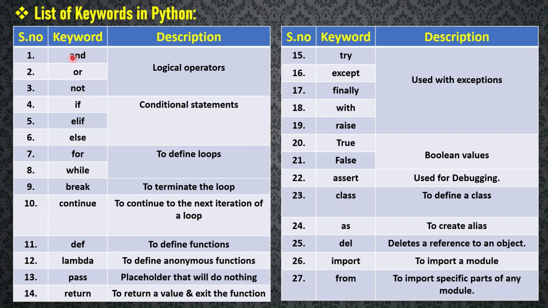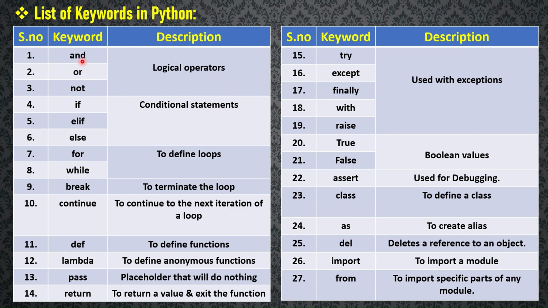So these are the keywords and their descriptions. Here you can see and, or, not. These are the keywords which can be used as logical operators. In the upcoming sessions, we will see what these logical operators are and where we can use them.